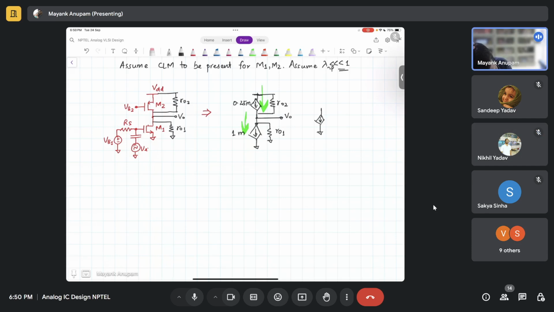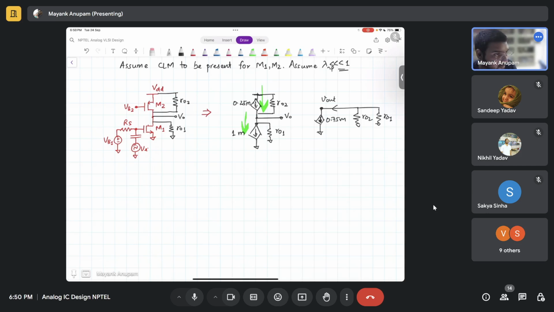This is the difference current of 0.75 milliamperes, which has to flow through RO2 and RO1. So you can see that this voltage will go down, because you see the sign here, it will start pulling the current from this node. This is V out, isn't it?